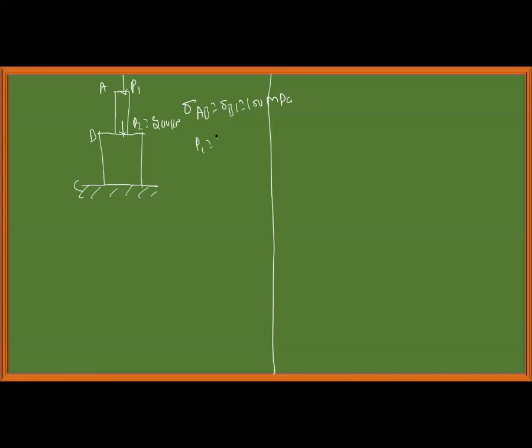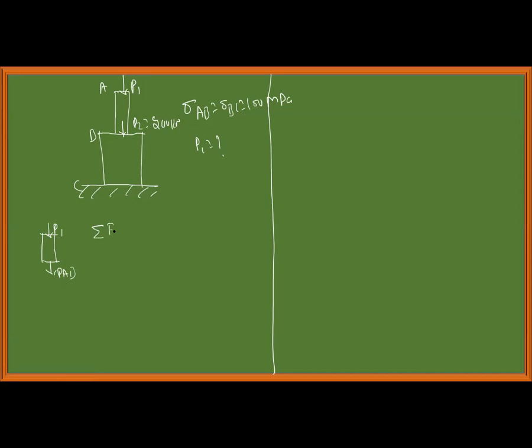He has asked to find P1 in such a way that the stress in either of the parts should not exceed 100 MPa. We'll go as usual. First, I will take part 1, P1. This will be P of AB.